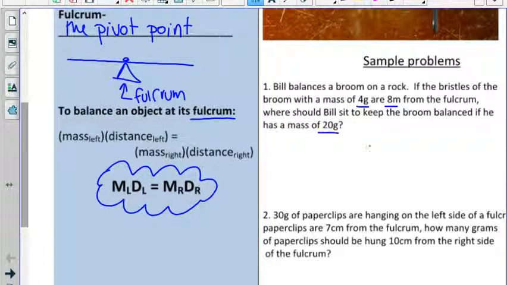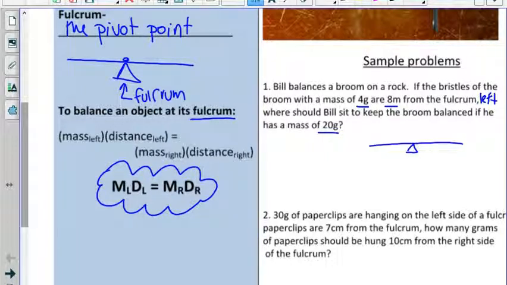So if we were to draw this out, here's our little teeter-totter. Let's say that Bill is on the right, and the bristles of the broom with a mass of 4 grams are 8 meters from the fulcrum on the left.